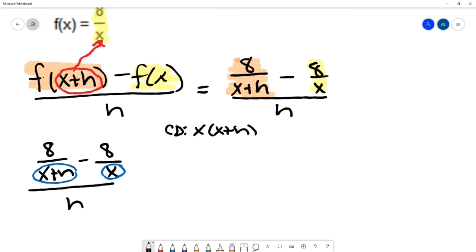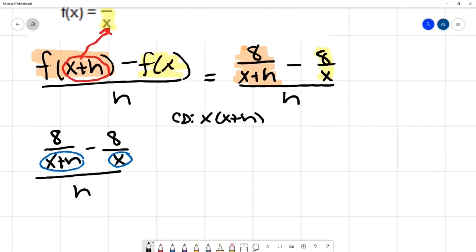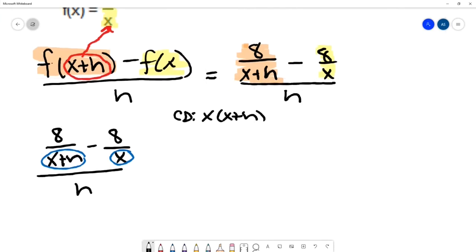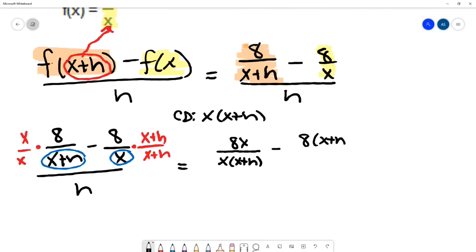So I want to be able to add those fractions together, so I need for both fractions to have that same denominator. So on this one, I'm going to multiply by x plus h over x plus h, and on this one over here, I'll multiply by x over x. So that means that we're going to get 8x over x times x plus h minus 8 times x plus h over x times x plus h, all over h.